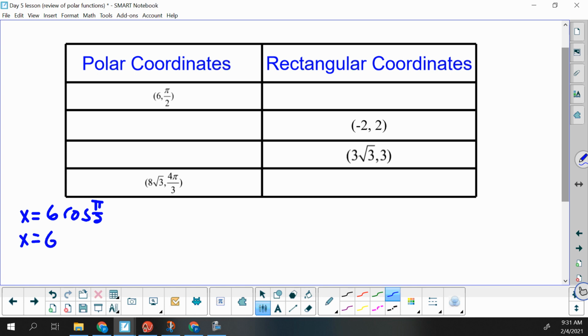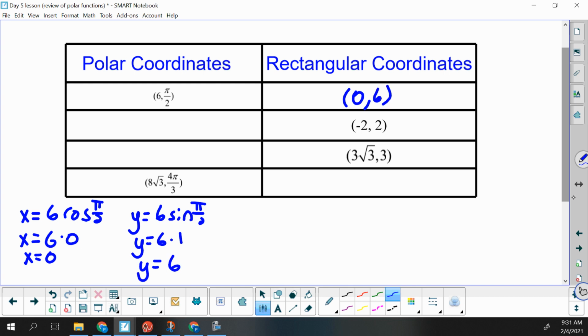Cos of pi over 2 is just 0, so x is going to be 0. So we've got 0 comma something. Our y will equal our r sine of theta. Sine of pi over 2 is just 1, so we'll get that our y is 6. So 0 comma 6 would be our rectangular coordinate for that first one.